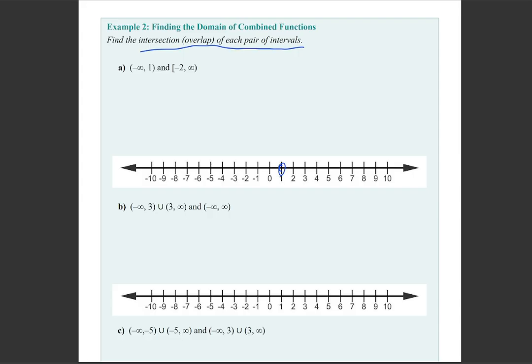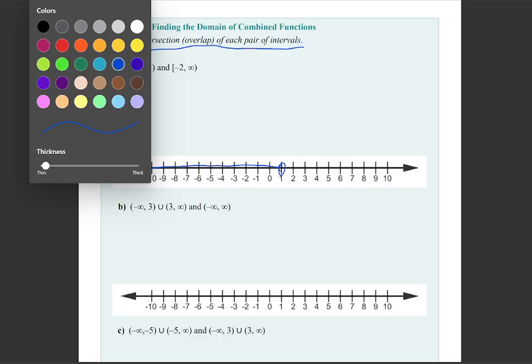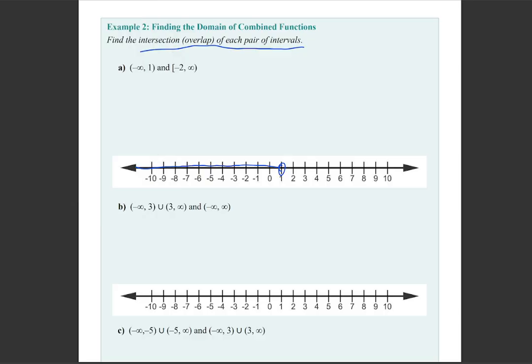And we draw from negative infinity up to 1. Now I'm going to switch my pen color here so we can see the other one. See, this one goes from negative 2 included, so that's a closed circle, up to positive infinity. So positive infinity going that way.